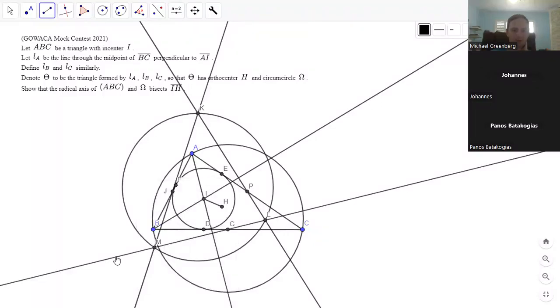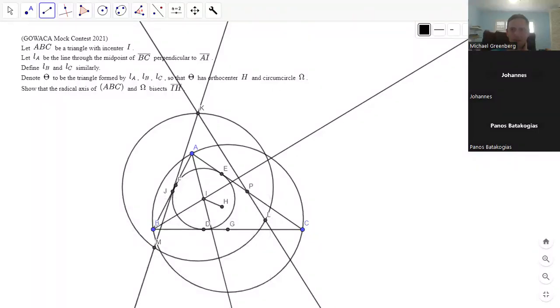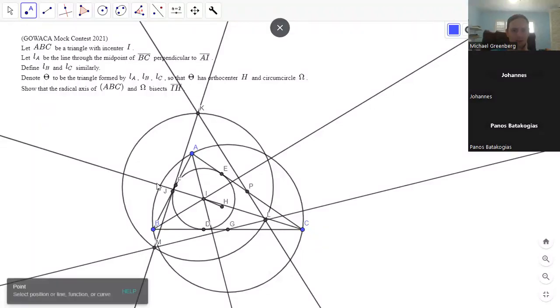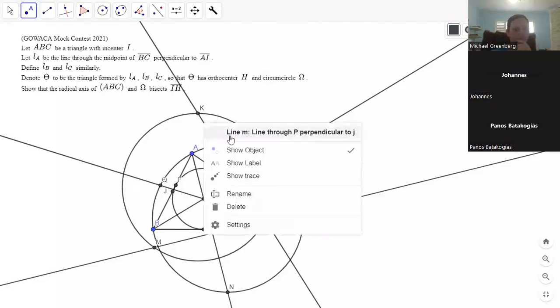All right, so what did I just do? Okay, let's do this. Draw the midpoints of these arcs: 1, 2, 3. Then I'm going to basically hide all the lines and draw them in as segments.